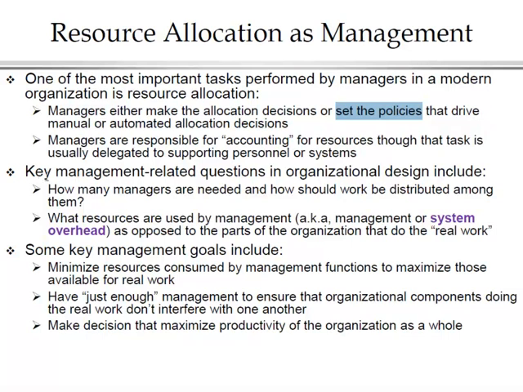So if I'm designing an organization, a set of job specifications if you like, I know that these types of resource allocation decisions have to be made, and I know they're very important. I know I'm going to need some people to help make them or set policies that help make them. But there's a real key question in that organizational design, which is how many managers do I need and how do I distribute the work amongst them?